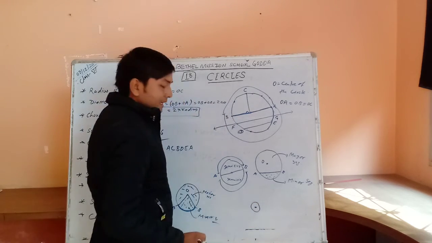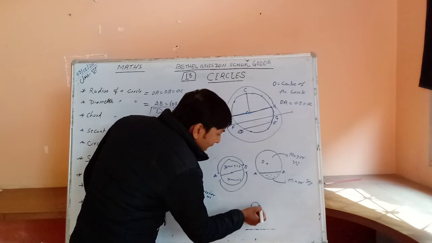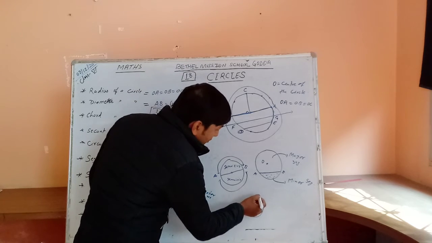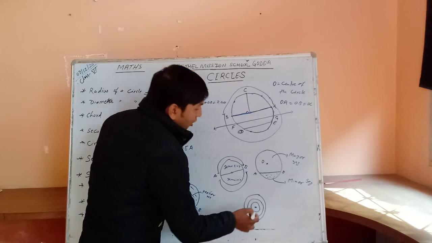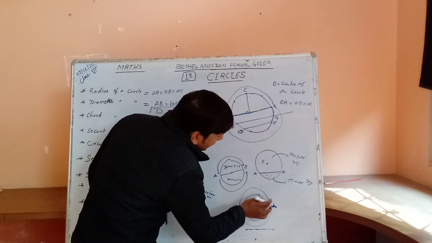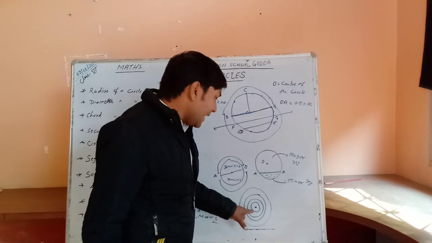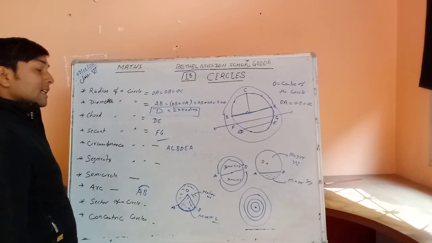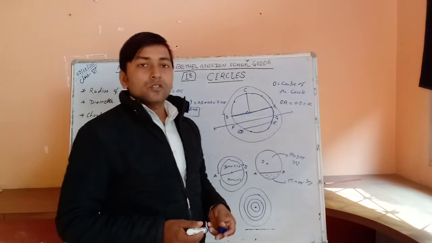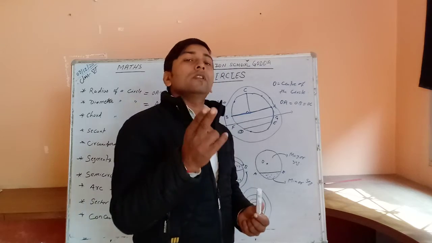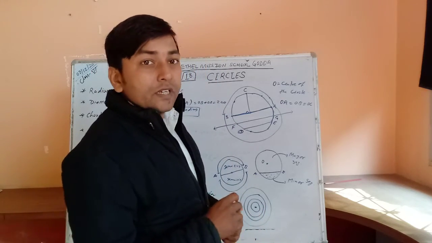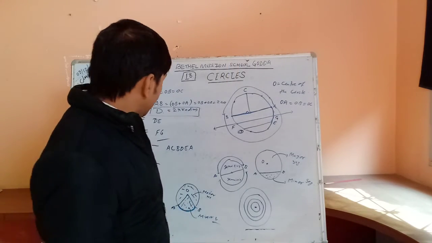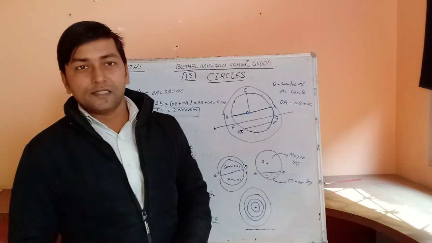If we draw a circle, and with the same center we draw some other circles, and all the circles have the same center, then all the circles are called concentric circles. Two or more circles which have the same center are called concentric circles.